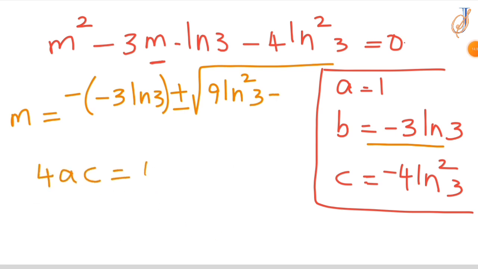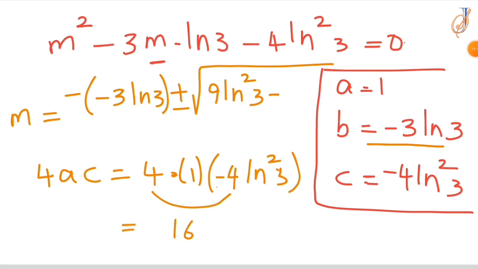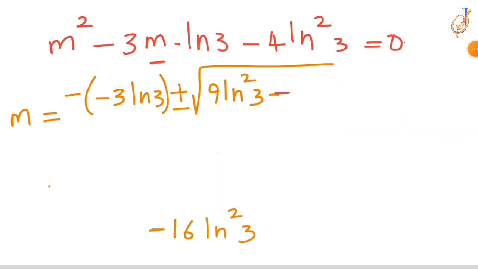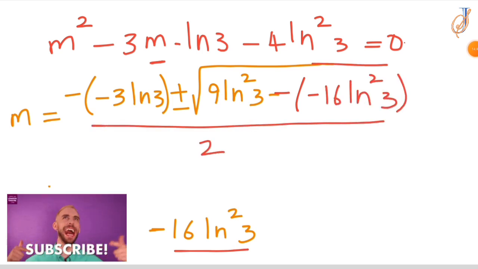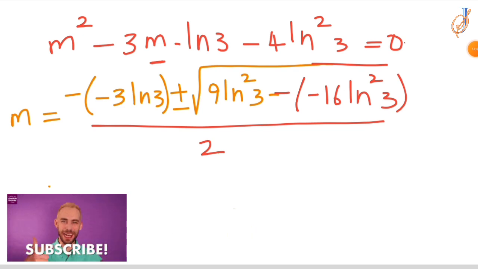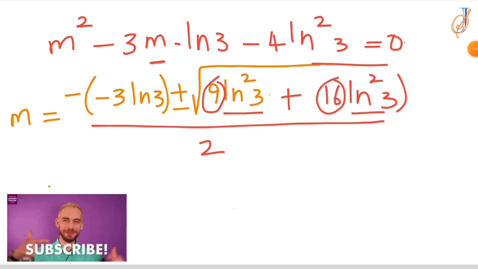So 4 times a, which is 1, times c, which is minus 4 ln square 3. 4 times 4 is 16. Here there is a negative sign, so minus of minus 16 ln square 3, over 2 times a, which is 1. Minus of minus is plus, and taking ln square 3 common, you get 9 plus 16, which is 25. So that means 25 ln square 3.